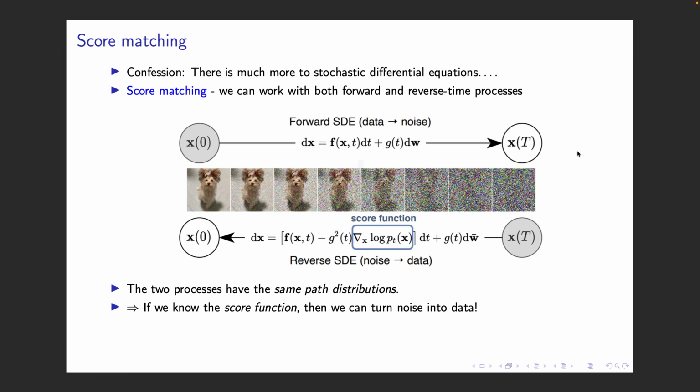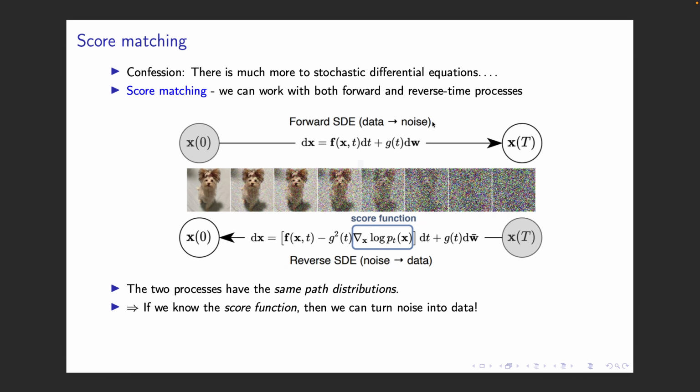This is a different notation than we use, so I will not spend so much time going through the actual math in this figure, but the important point is that you can define a generative model going from noise to dogs, and you can also define an equivalent process that runs the other way.